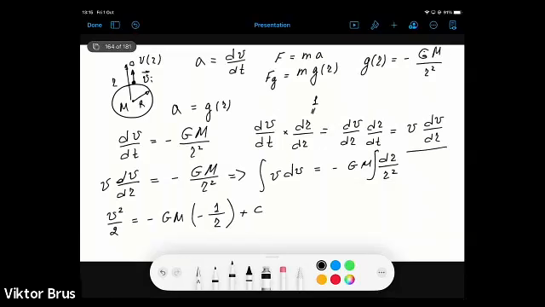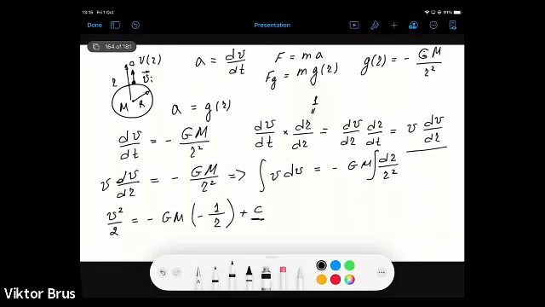Obviously, in order to get the final expression, we need to determine this constant of integration. For that purpose, we need to use a certain boundary condition.